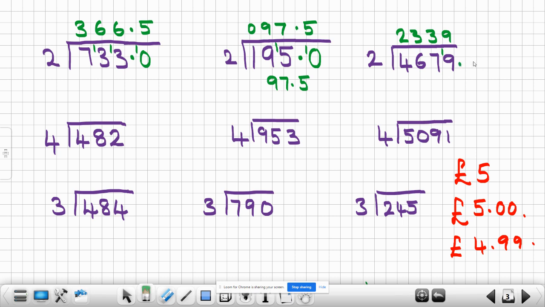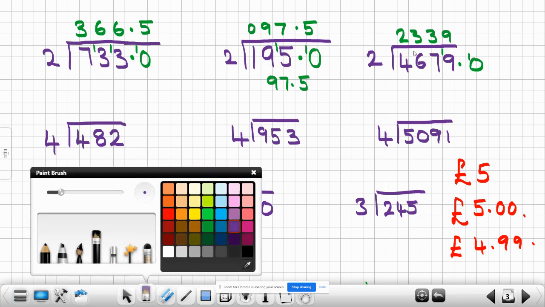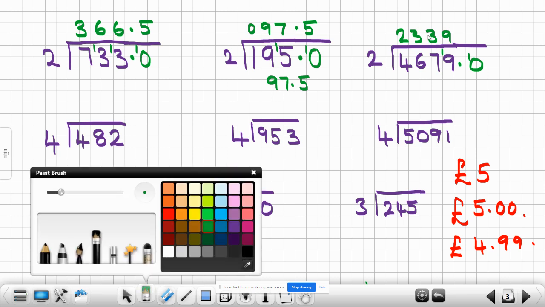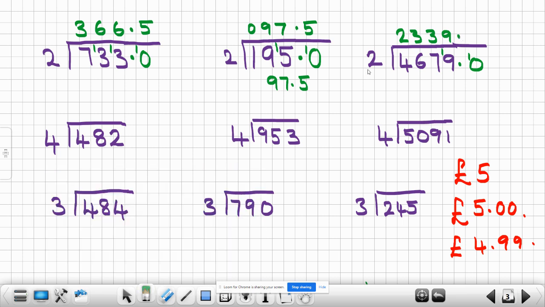So we're going to put a decimal point, 0, put the 1 in front of it, extend our line, and then we must have a decimal point on top. 2's into 10 goes 5 times.